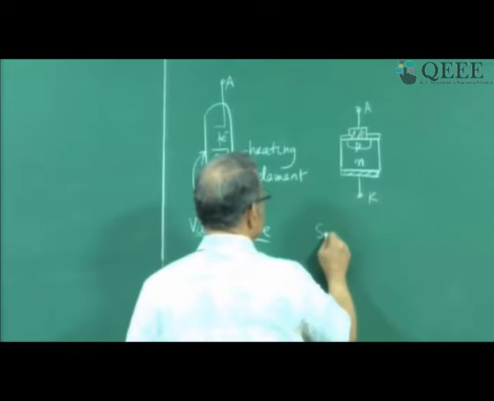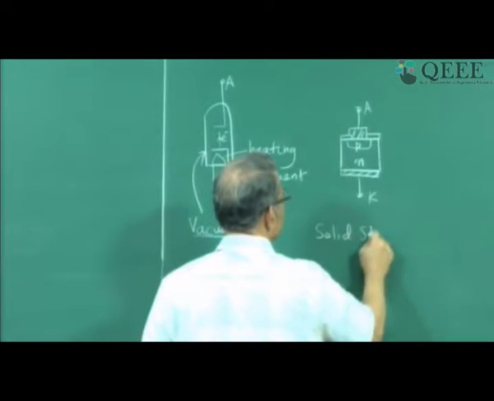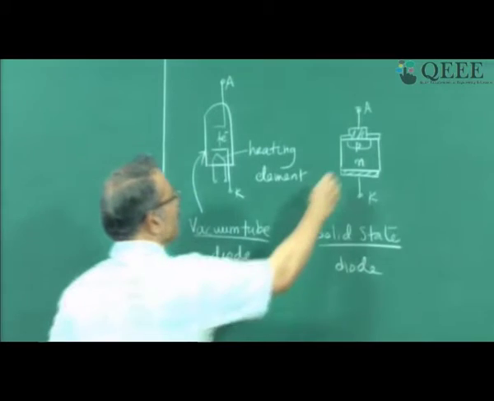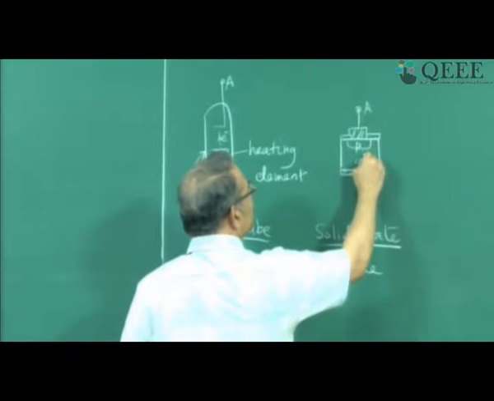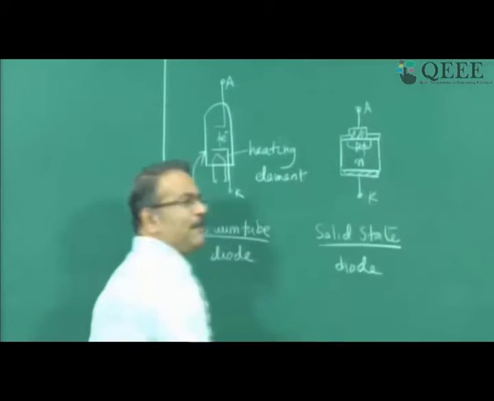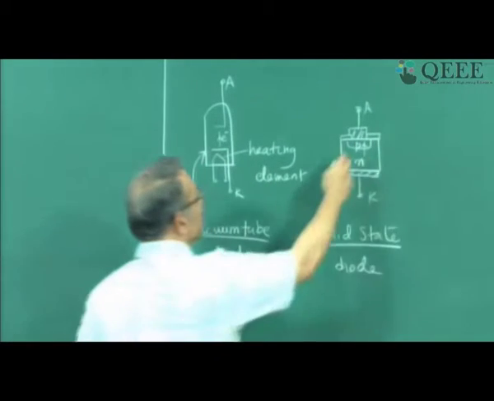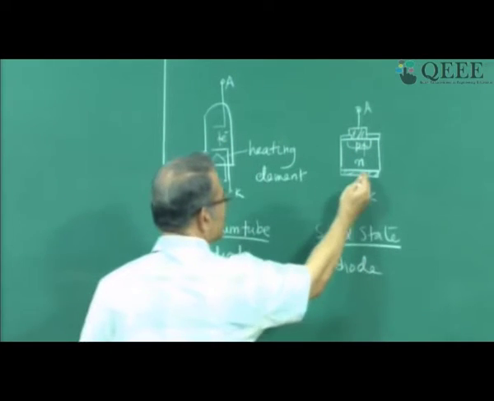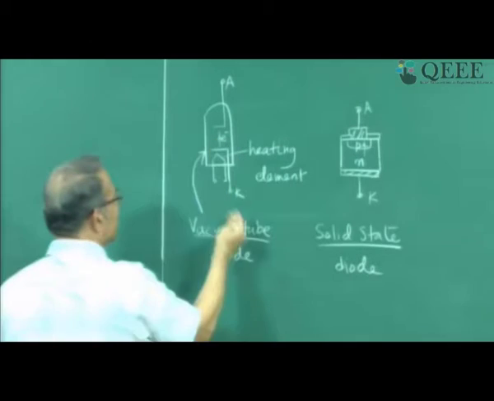So this is a solid state diode. Because here the electron flow is from N to P, but it is in a solid, for example silicon, right? So this electron flows in solid, whereas this is in vacuum. That is why there is a solid state diode, whereas this is a vacuum tube diode.